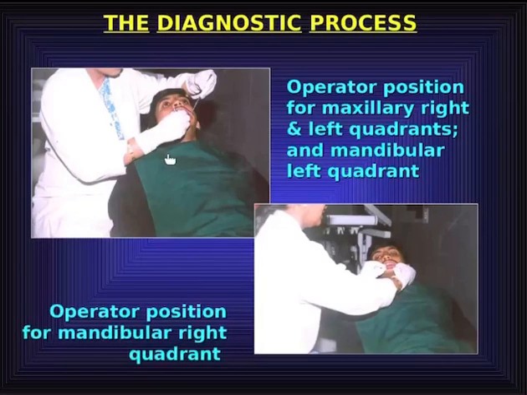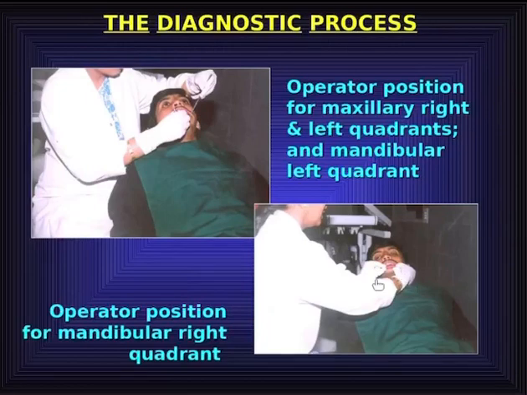When you're examining the first, second and third quadrants, it is better to recline the chair a little bit backward, and you sit a little behind the patient. In this reclining and sitting position, you have a good view of these three quadrants: the maxillary first and second, and the mandibular left side, which is the third quadrant.